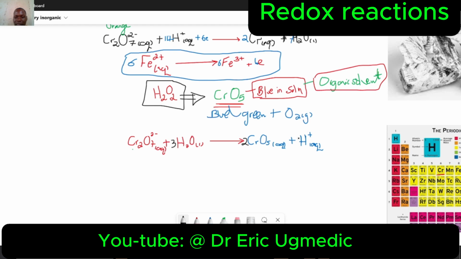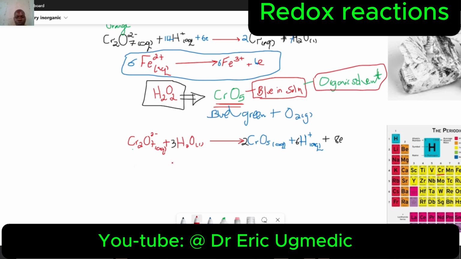So we can balance the charge finally. This side you have a negative 2 and this side you have a positive 6. So how do we make this equal? We introduce electrons. How many will make this side have a negative 2 as well? There will be a total of 8. Meaning I have to subtract 8 from this side to have a negative 2.